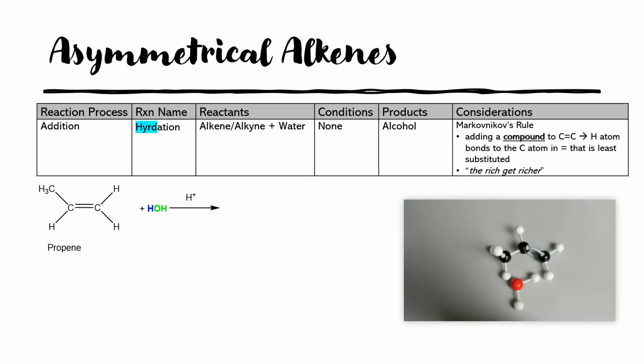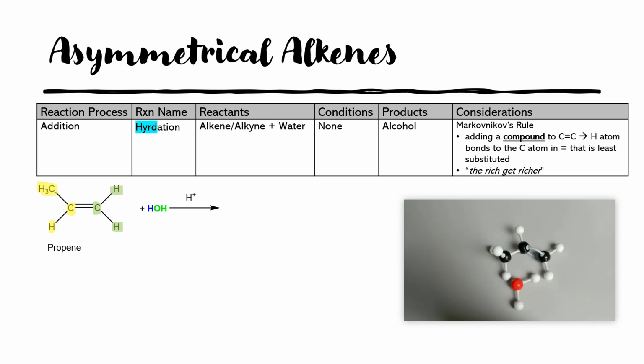Here we have an alkene, and because we're adding a compound to this alkene, we have to look at the symmetry of those carbons participating in the double bond. Looking at our first carbon, it's got one substituted position, one hydrogen. The other carbon has no substituted positions and only hydrogens.